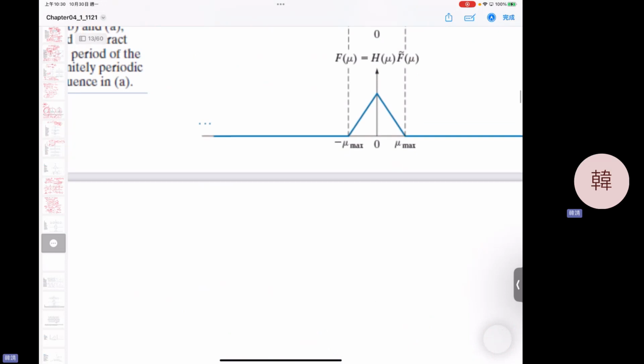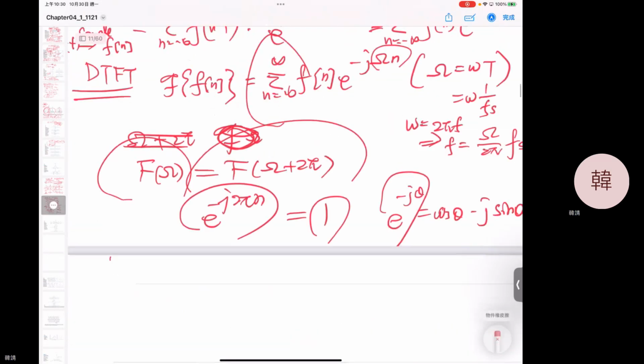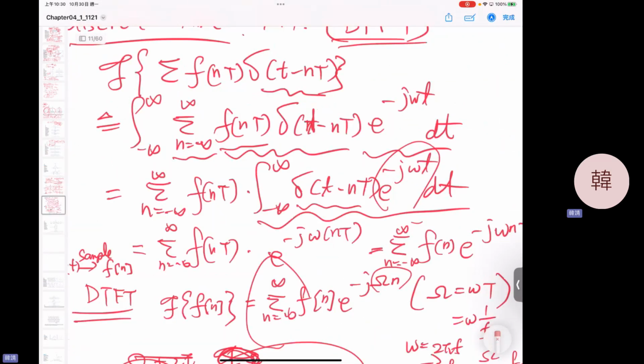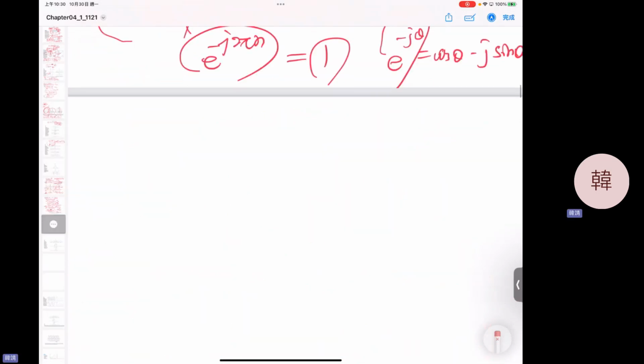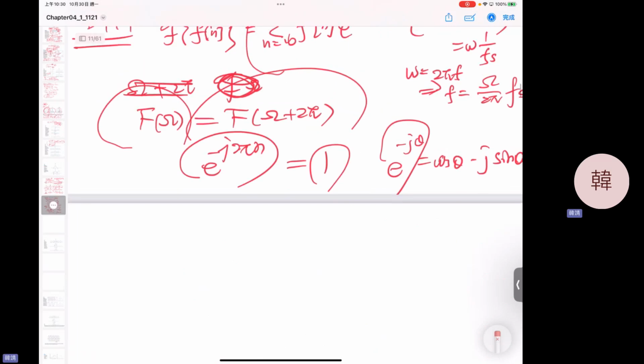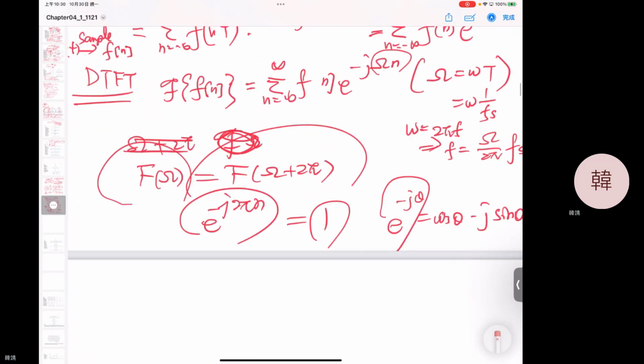There are two issues we have to overcome. In the time domain, I'm going to limit our signal. A big signal, maybe 1 minute, 2 minutes. An image, maybe some constrained window, not an infinite image. So you can limit it, and you can use it in the computer.